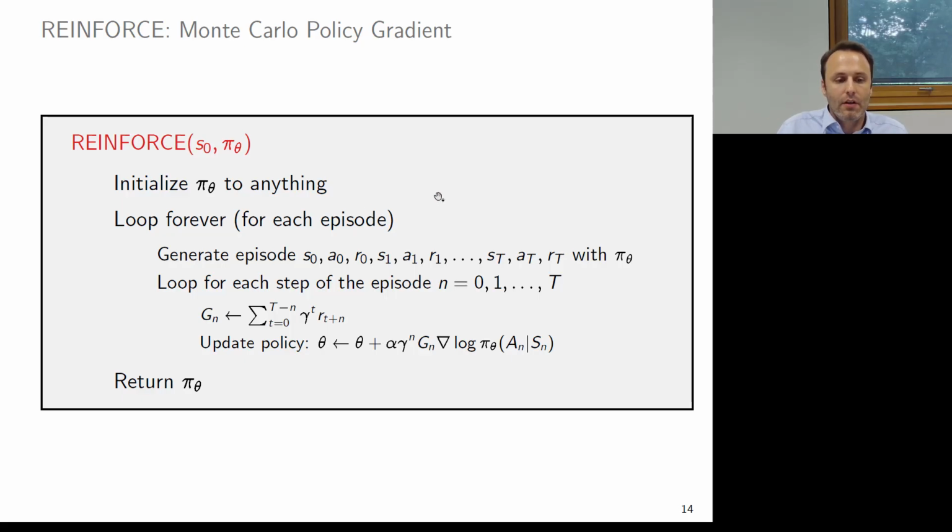So we run several episodes and generate triples of state, action, reward, and so on, for the policy pi theta. And then for each step in the episodes, we calculate the sum of the discounted rewards that are yet to come and put that into our policy update, and then we update and repeat this to find the optimal policy.